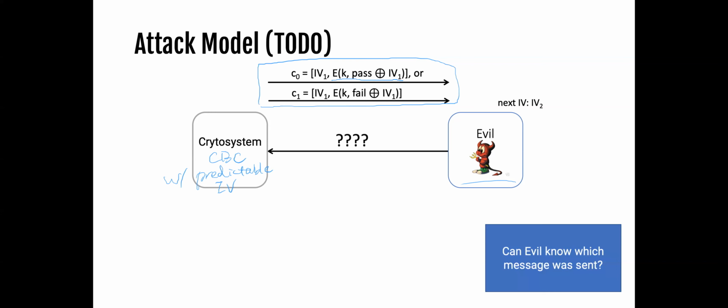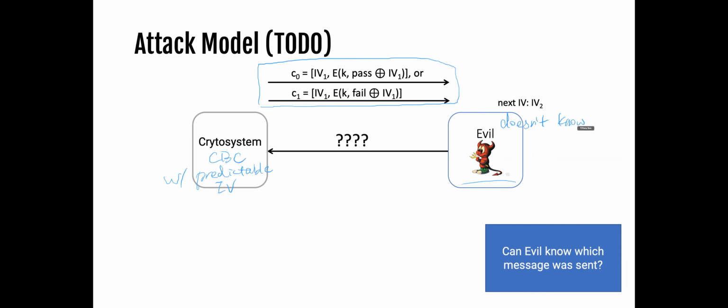This message contains the initial vector for this specific message, as well as an encrypted message of whether or not Bob passes the exam. And now, suppose that you are an attacker. You can also receive this message, but evidently you cannot decrypt it because you don't know the key K.